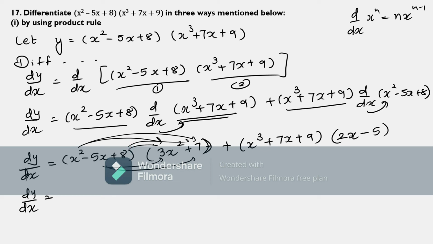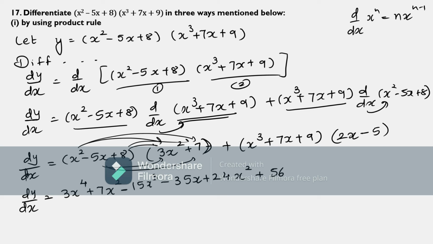So here 3 2s are 6 and 3 2s are 6, so we'll get 12 terms, and then we'll write the simplification in polynomial form. So 3x square into 3x square is 3x to the power 4, and then x square into 7 is plus 7x square, minus 15x cube, minus 35x, plus 24x square, plus 56.